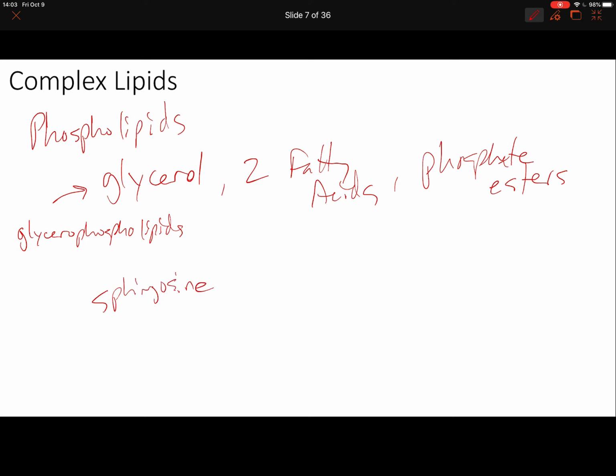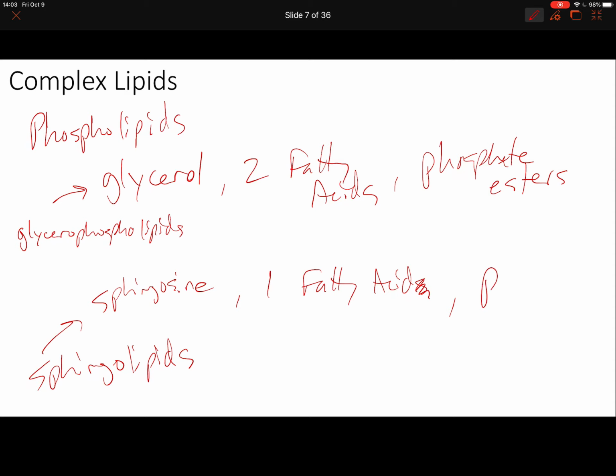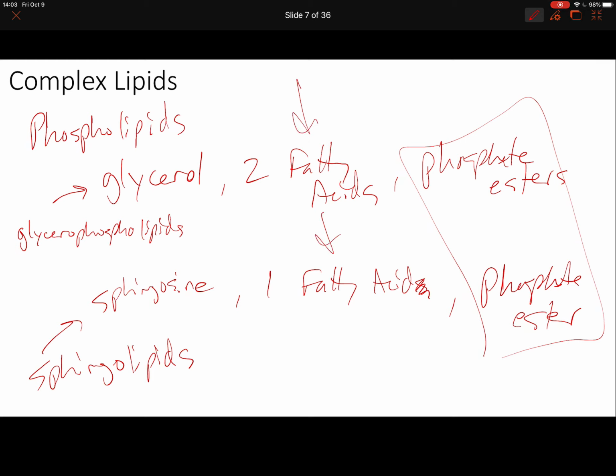And I want to say that in these sphingolipids, it's sphingosine, 1 fatty acid, and phosphate ester. So these are called phospholipids because they contain the phosphate esters, they contain fatty acids, and they contain either the alcohol sphingosine or the alcohol glycerol. So I probably should have written alcohol because it was a more general term.